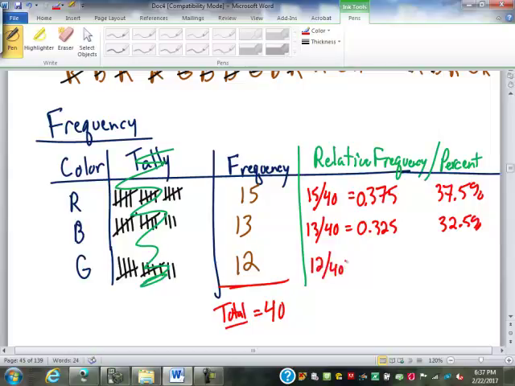And 12 divided by 40 is going to be 0.3, or 30%. To be consistent, we're going to go 30.0%.